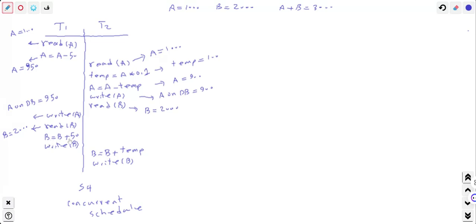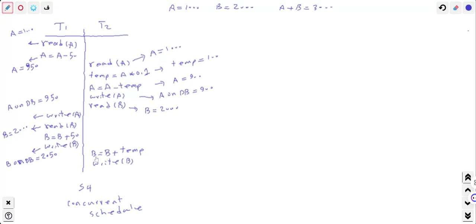Then this value is increased by 50, and T1 writes B. So the value of B on the database will be 2050.